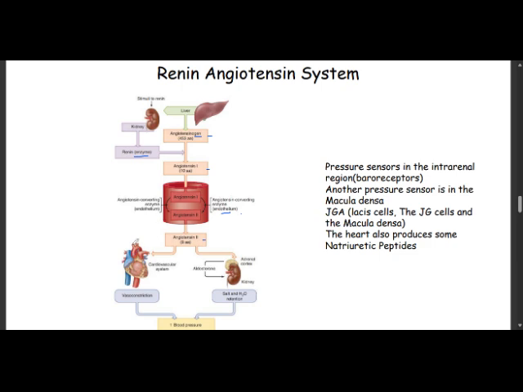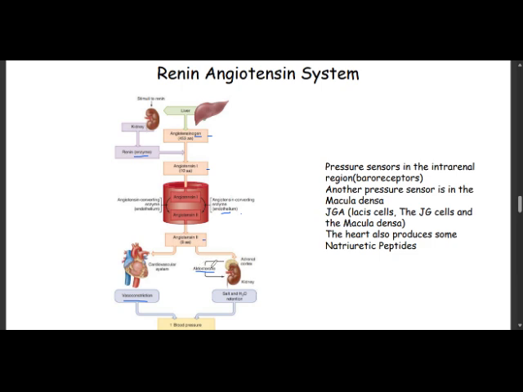What does it do to the cardiovascular system? It causes vasoconstriction. Then the other action of it is to cause the adrenal cortex, particularly the zona glomerulosa, to release aldosterone. Remember, the zona glomerulosa releases mineralocorticoids.